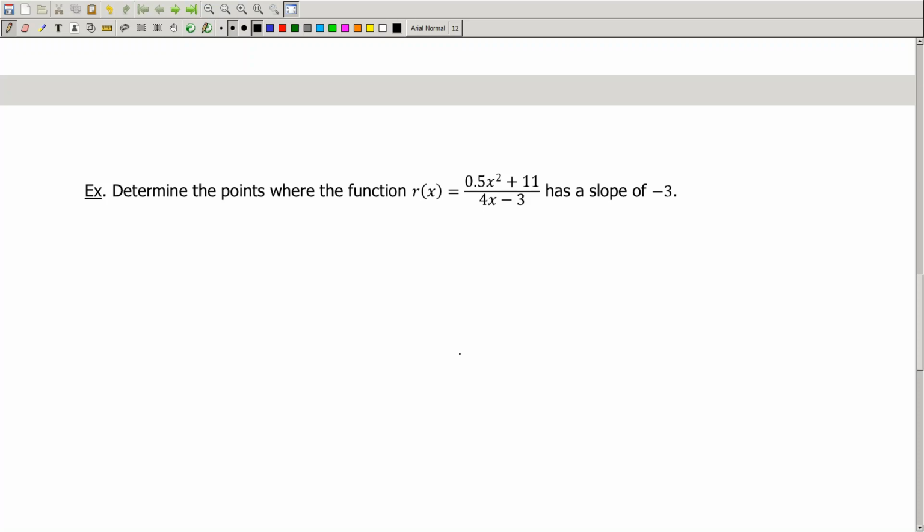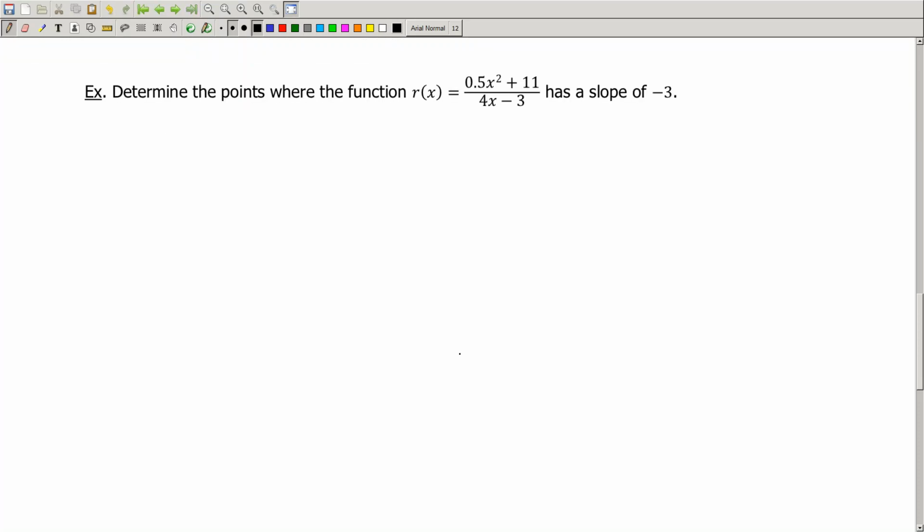Now, we've seen an example like this before. What you want to do is determine the points, this means xy coordinates, where the function has a slope of negative 3. All this means is the derivative is negative 3. So you have to find the derivative first. Now this is a quotient, so I can apply the quotient rule.